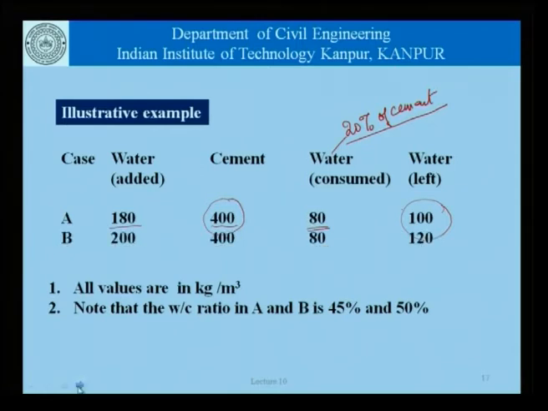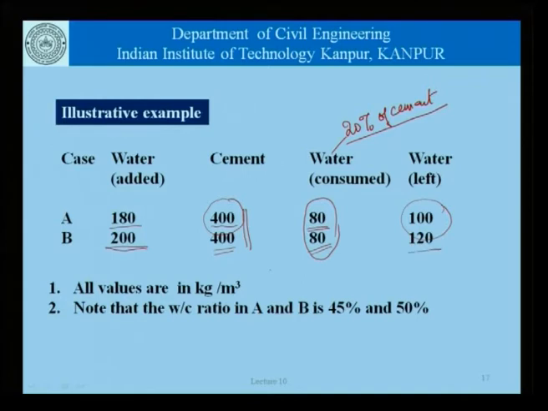In another situation, if for the same cement content we have added 200 kgs of water, which means that the water cement ratio has increased, there is more water, this mix is more workable, the amount of water that is required for the hydration is still the same, because we have not changed the cement content. We still need only 80 kgs for hydration.